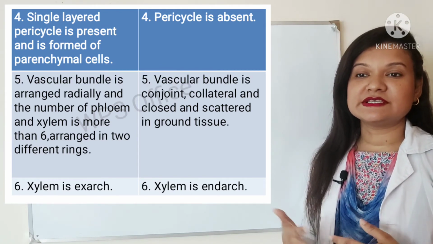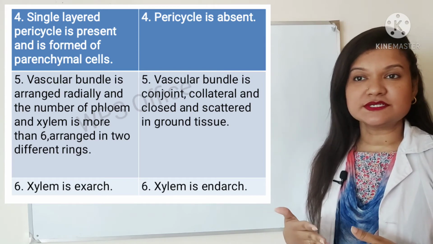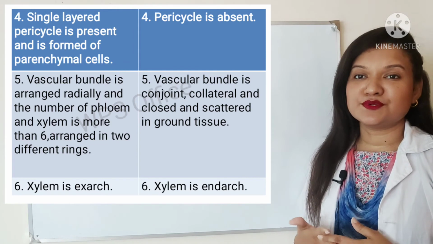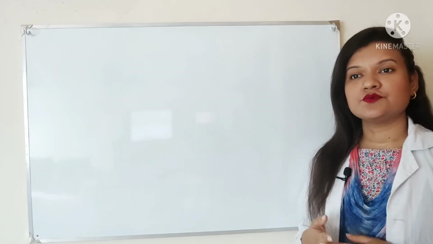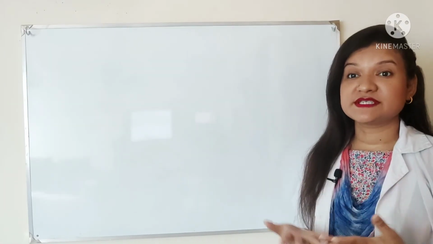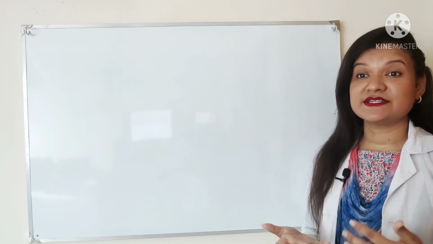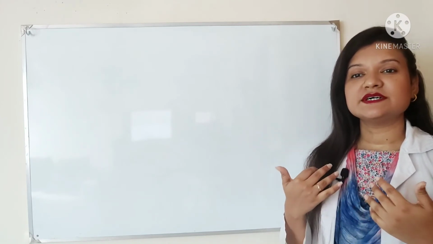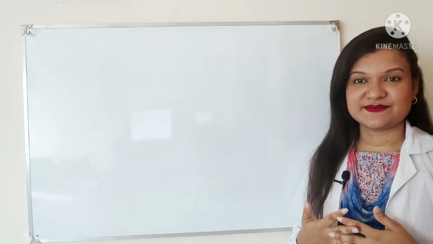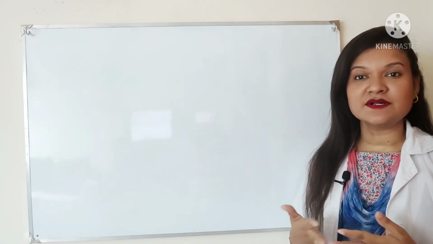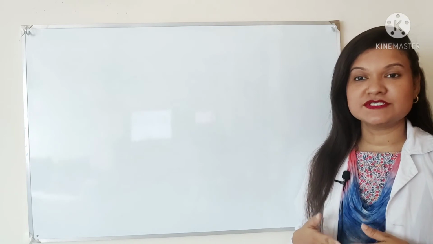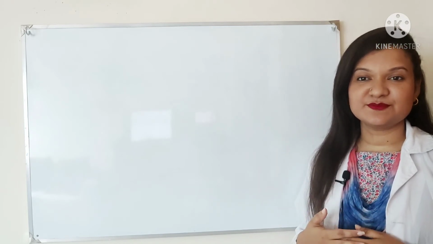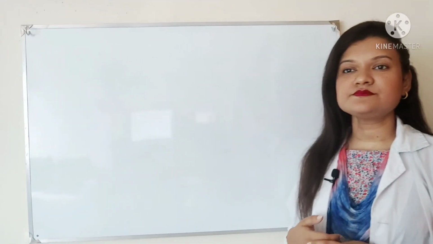Number 6, xylem is exarch in the monocot root and endarch in the monocot stem. So, from the above discussion, it is clear that the monocot root and stem have dissimilarities. This is our higher ability question, and it is the end of our second creative question's answer.